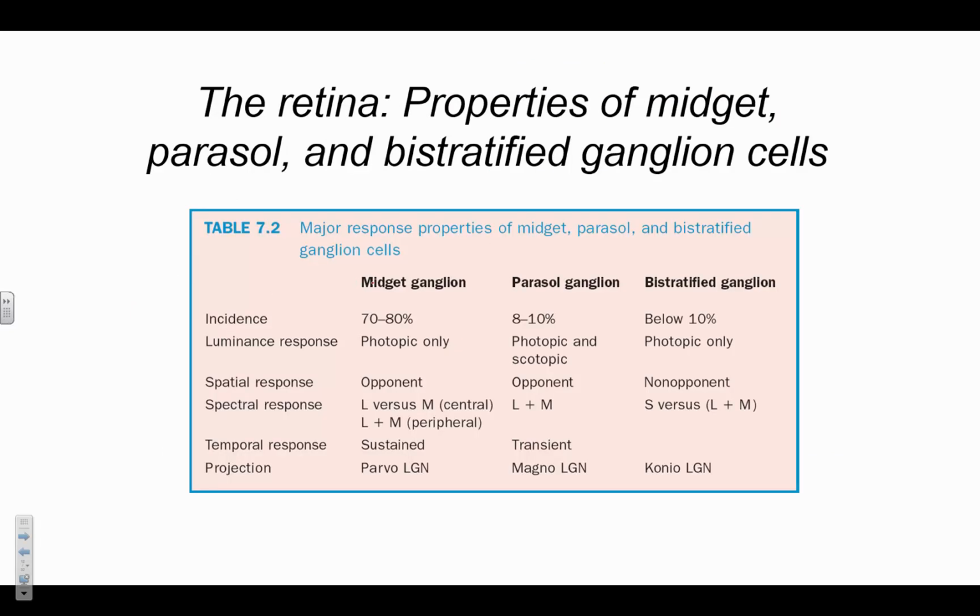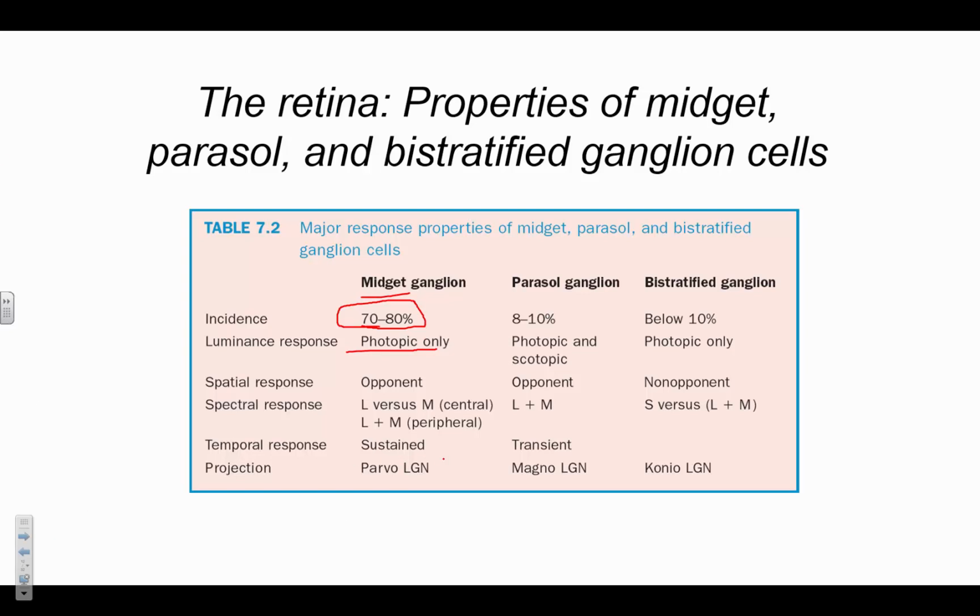All right. So the midget cells, right, they are, in fact, the vast majority of the retinal ganglion cells that you have. They fall in this category. Really high light, that's what we mean by photopic. It's going to need a lot of light. So based on that information, you should already know that these guys are collecting information from cones primarily, because cones require that high light level.